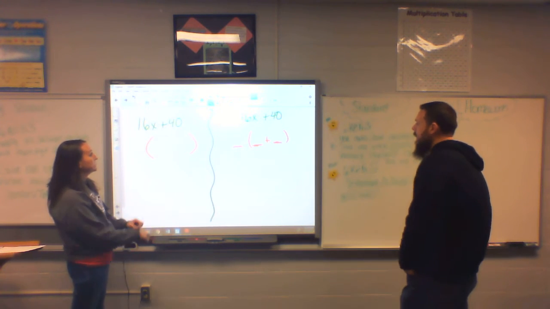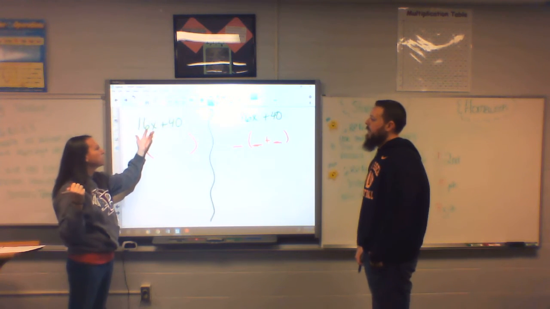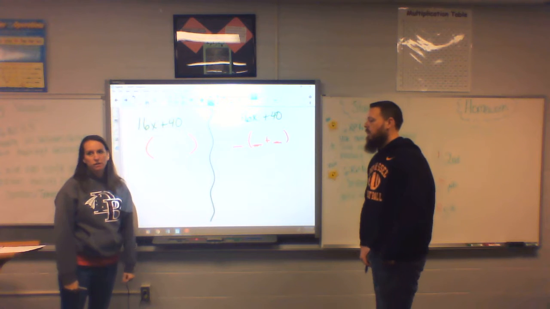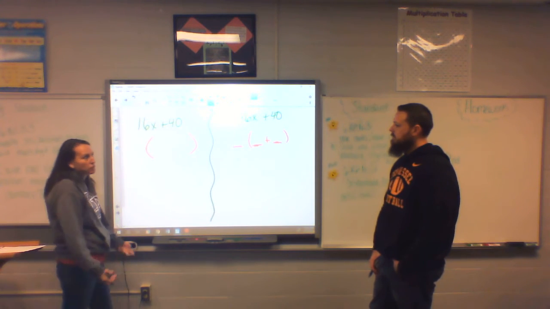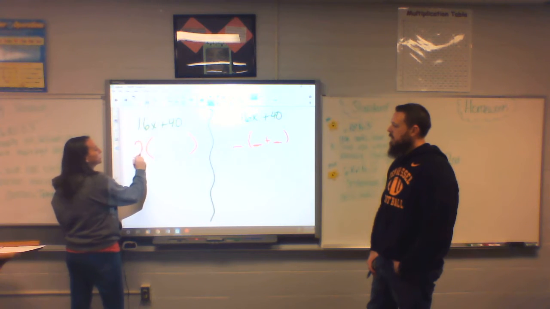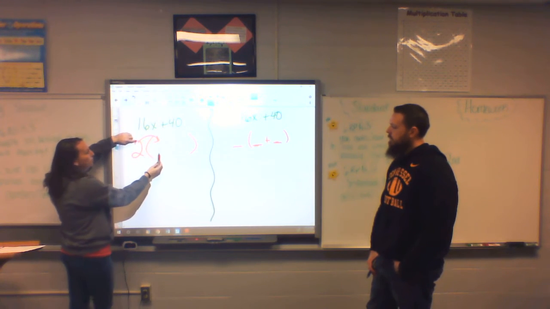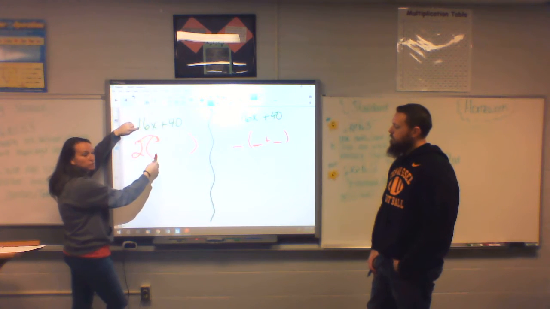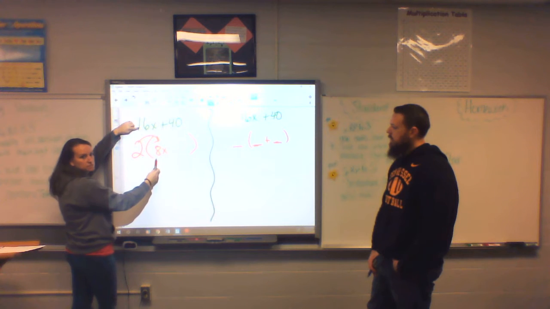Okay, so when I see 16x plus 40, I'm going to pull out a number, so I say, what number goes into 16 and 40? I'm going to pick 2. I know they're both even, so I'm going to pick 2. So 2 goes on my outside. Okay, 2 times what gives me 16? So I know 2 times 8x will give me 16x.